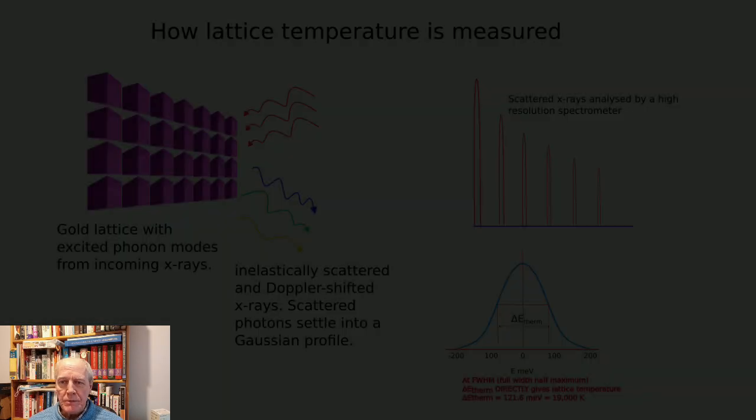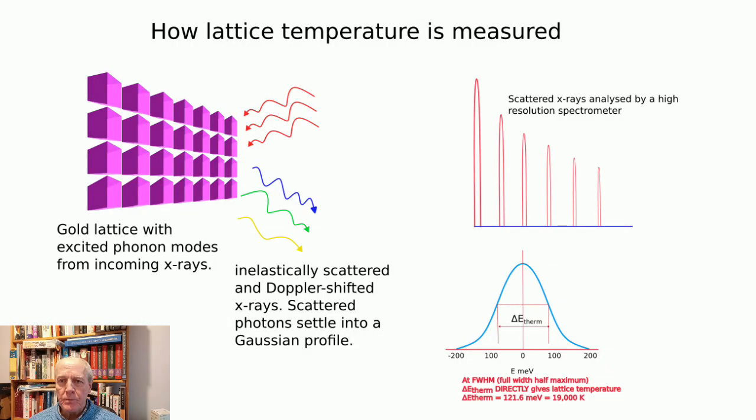So in this slide we can see the ions of the gold scattering the X-ray photons. Now, as shown, the X-ray photons are scattered at different wavelengths.